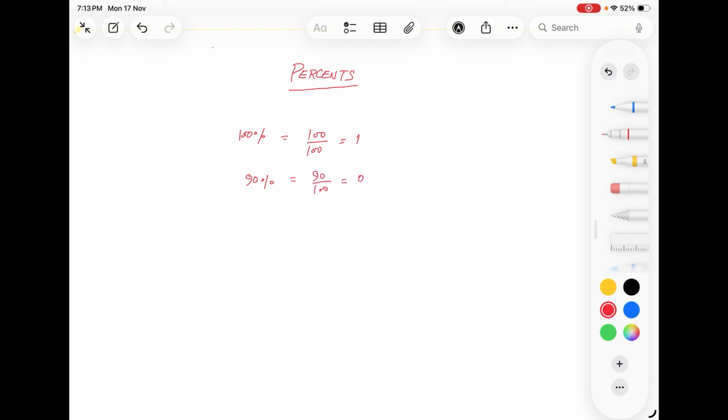It means 0.9. And 110% means 110 upon 100, that is 1.1. So percent basically means per 100, right? Next point.